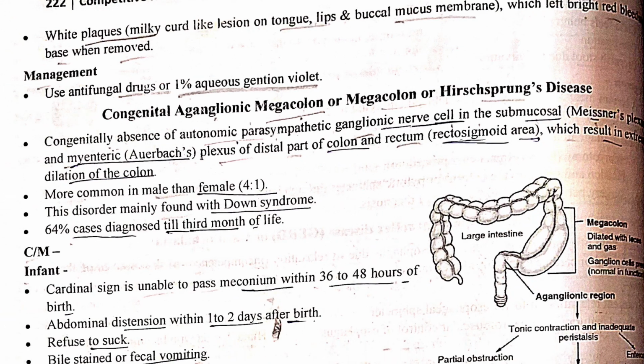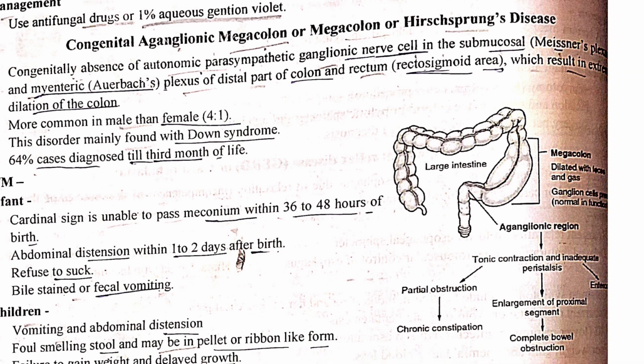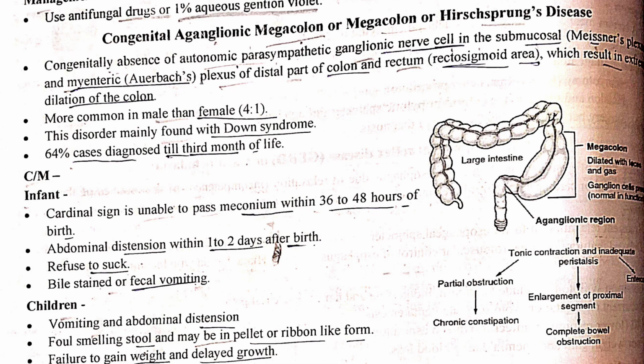Next, congenital aganglionic megacolon, or megacolon, or Hirschsprung disease. Congenital absence of autonomic parasympathetic ganglionic nerve cells in the submucosal, mesenteric, and myenteric Auerbach's plexus of the distal part of the colon and rectum, rectosigmoid area, which results in extreme dilation of the colon.